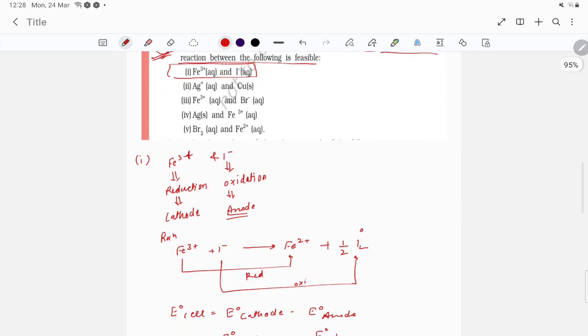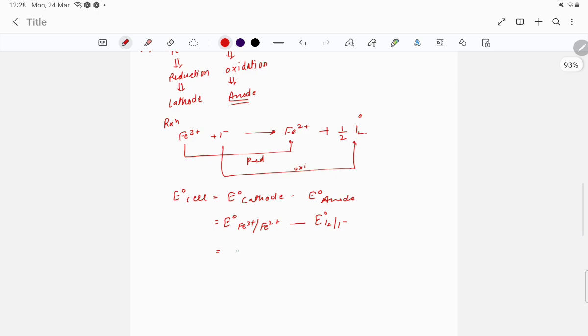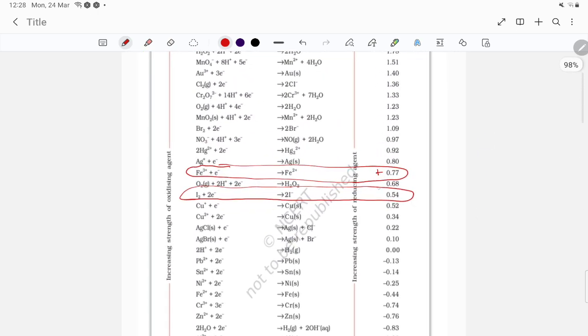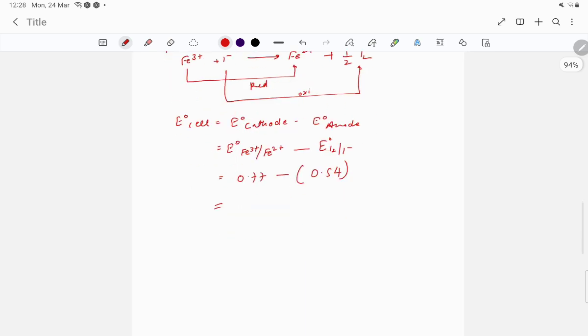So now what we can do, student, is take this value 0.77 volt and the other, 0.54 volt. If you solve, student, you can see these are positive values, na? Both are positive, student.